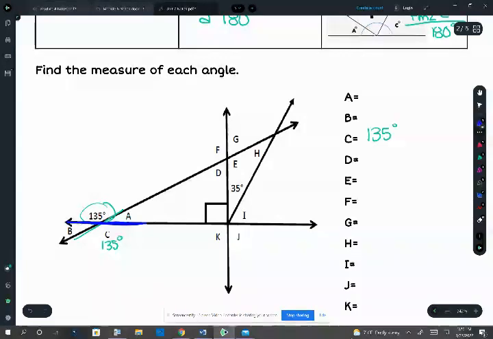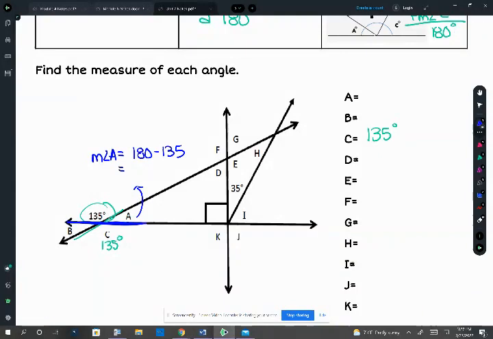So if we have 135 here, to find angle A it would equal 180 minus 135. And you can do that in your calculator or however you want. So that's going to give us 45 for angle A. So if angle A is 45, then we know angle B is 45 because these two angles are vertical angles.